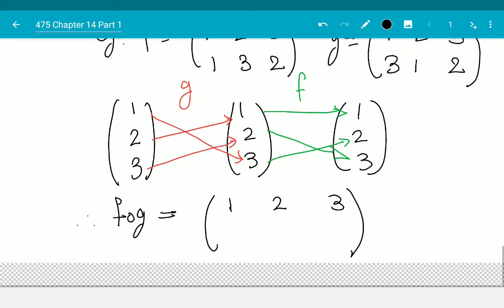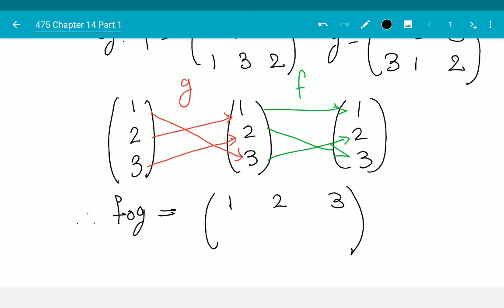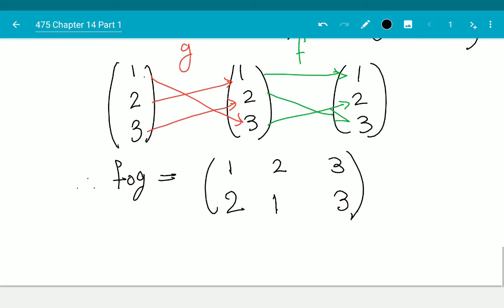Let us look at where each number ends up. 1 goes first to 3, then it ends up at 2, so 1 goes to 2. 2 goes first to 1 and then stays at 1, so 2 goes to 1. 3 goes first to 2, then goes back to 3. So this is my permutation F composed G.